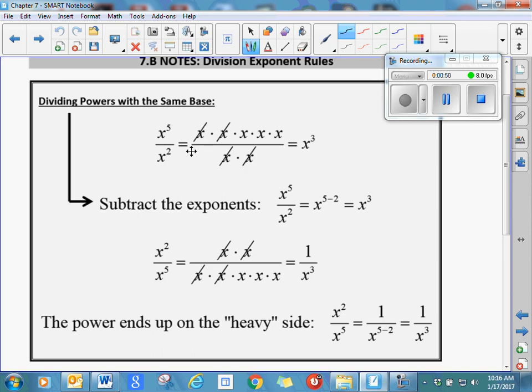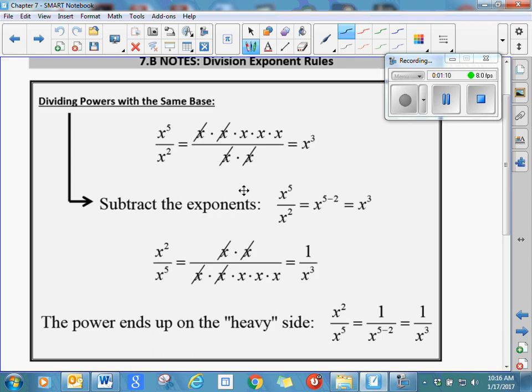And of course, you can cancel as long as it's the same top and bottom. That makes 1. Anything divided by itself is 1, and we can take that out of our problem. So we've got 2 opportunities to take a 1 out, and that leaves us with x to the third, x cubed, in the numerator.